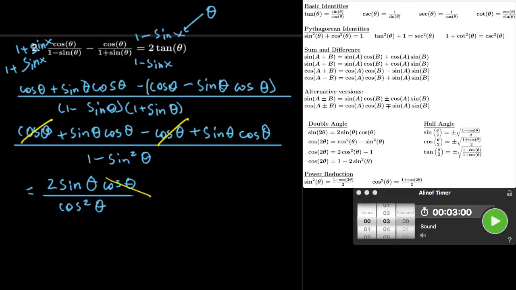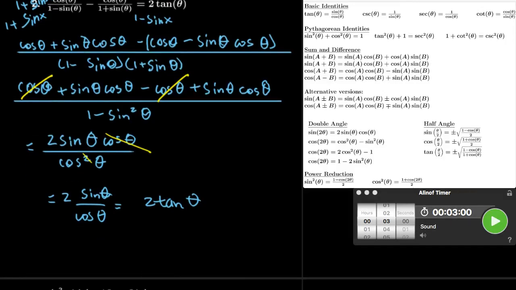So cosine from there, and one of those can divide out. Then we get 2 times sine theta over cosine theta. In other words, 2 times tangent of theta. Alright.